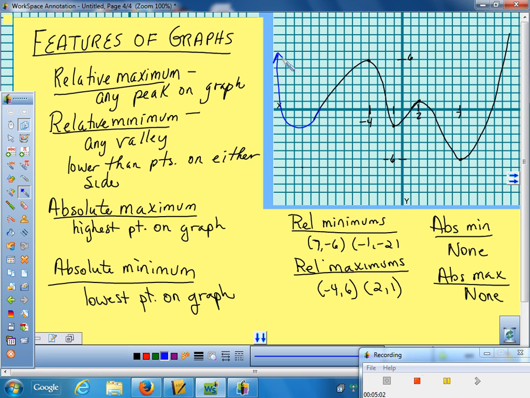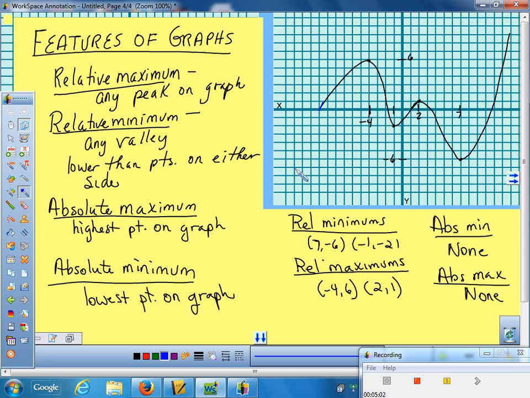I would have an absolute minimum now at 7, -6, but would I have an absolute maximum? No. So how do I get both an absolute maximum and minimum on one graph?